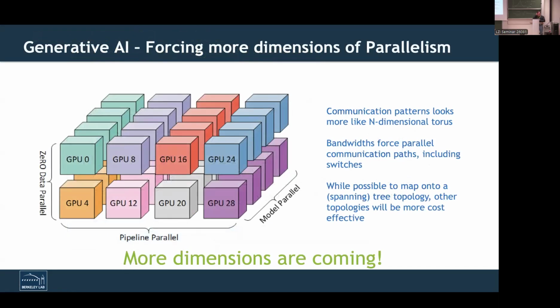If you look at the generative AI and large language models, they already expose simultaneously in these NVL72 clusters, 3 different dimensions of parallelism. If you go to the NVIDIA PyTorch page, they've identified 5 different forms of parallelism.